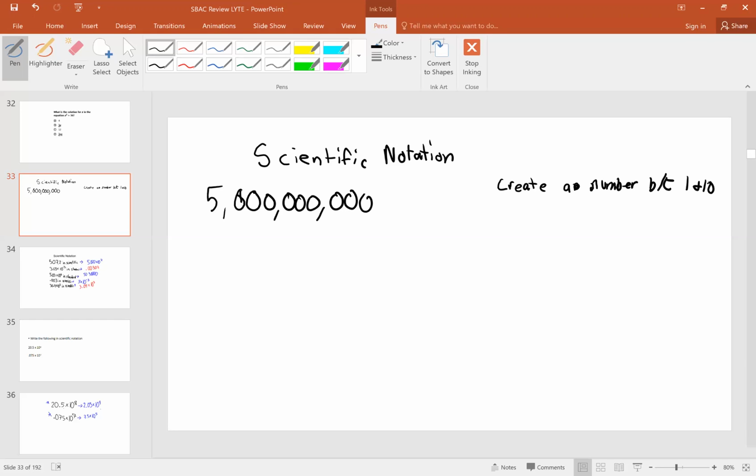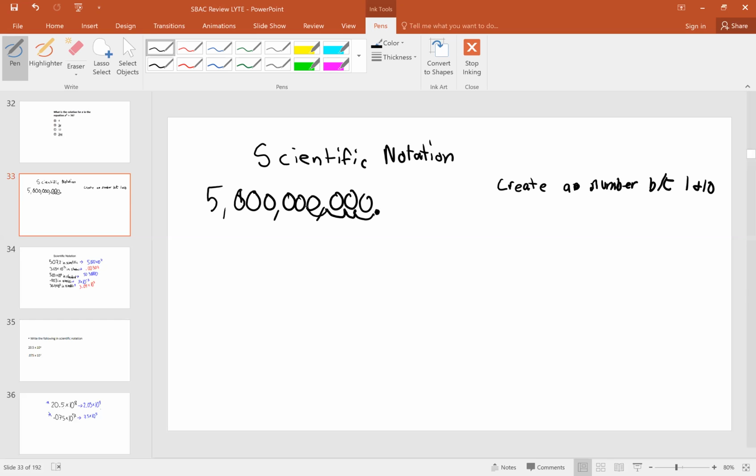With 5 million, for example, the only place in which I can create a number between 1 and 10 would be to move the decimal over, which is right here. It's 5,000,000.0, so move it over enough places so it's a number between 1 and 10. If I move it here, that's not a number between 1 and 10.